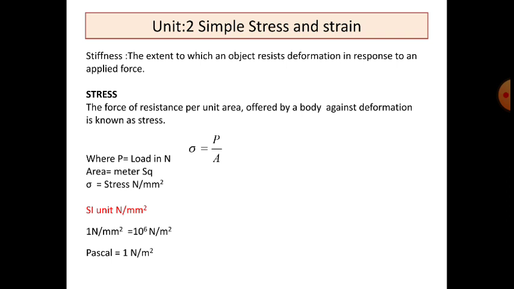If you are applying a force of 100 kilonewtons over a body, and the resisting force capability of that body is 90 kilonewtons, then the force you are applying is larger. The remaining net force is 10 kilonewtons, so the body moves by 10 kilonewtons.